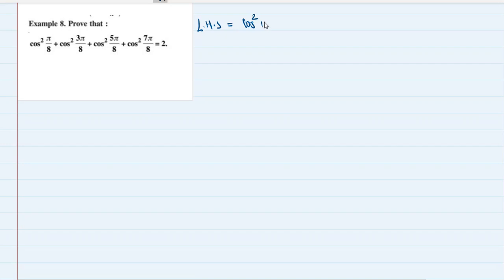Cos square pi by 8 plus cos square 3 pi by 8. Now I notice one relationship over here, that 5 pi by 8 and 3 pi by 8 have a relationship. Note this step please, I can write 5 pi by 8 as pi minus 3 pi by 8.